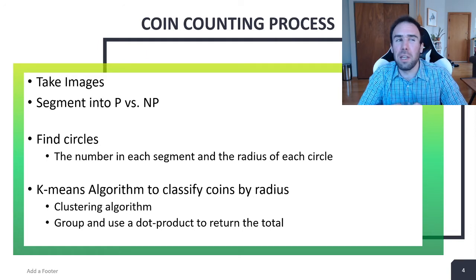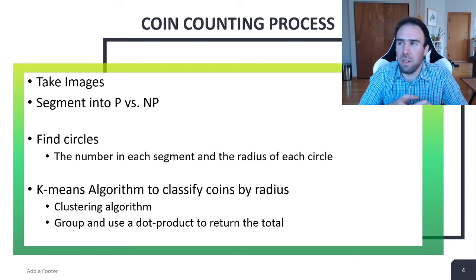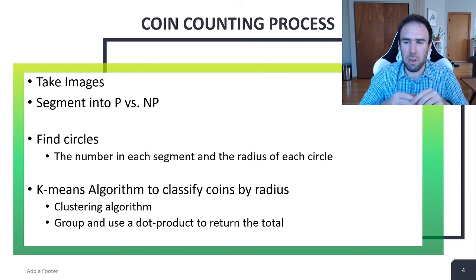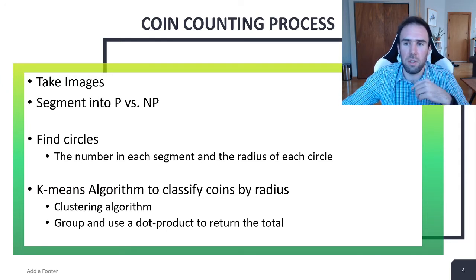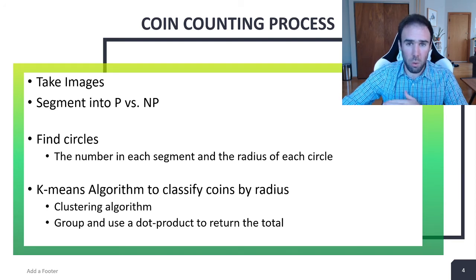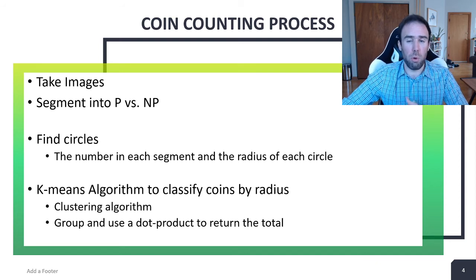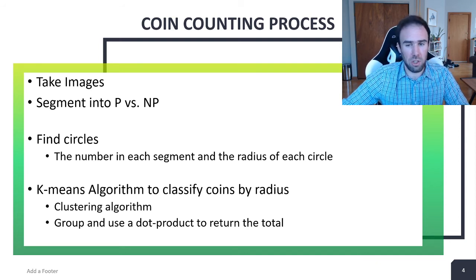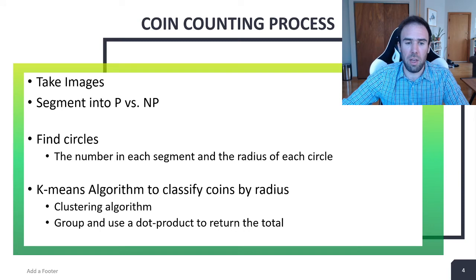It's going to be a radius of 10.6-something millimeters, but again, that's going to change in pixels with all those distances. So I'm using that algorithm to basically say the ratios will always be in constant proportion to each other no matter if their sizes change, and we'll classify them by that ratio.